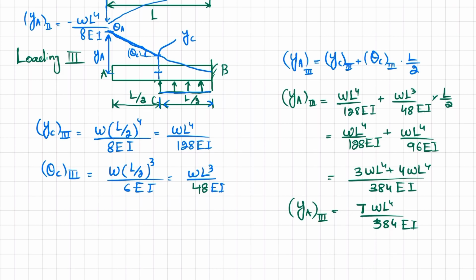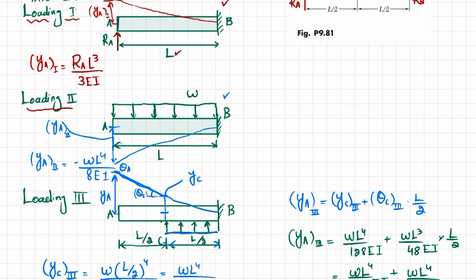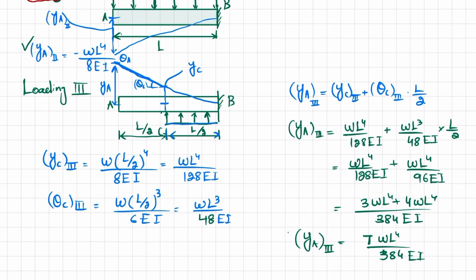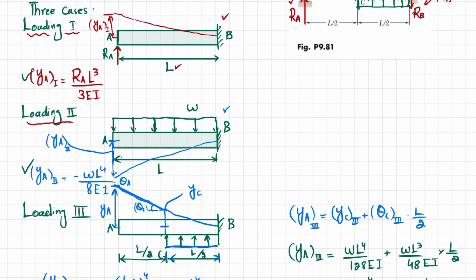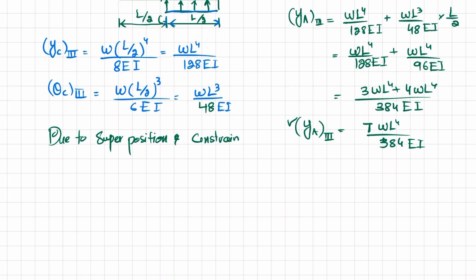Now you can see that we have YA1, YA2 and YA3. So due to the superposition method and constraint, we will add them.